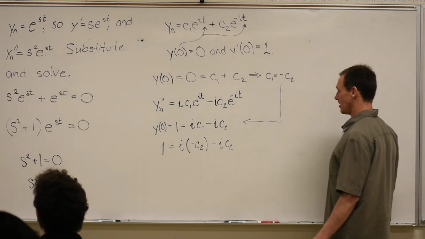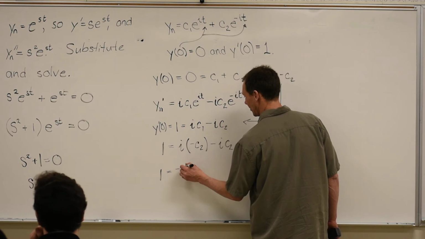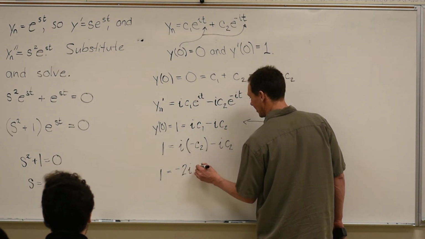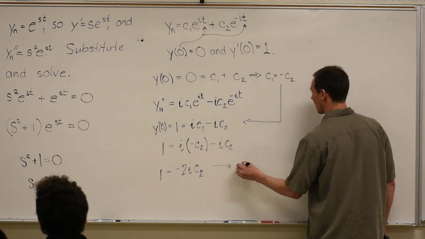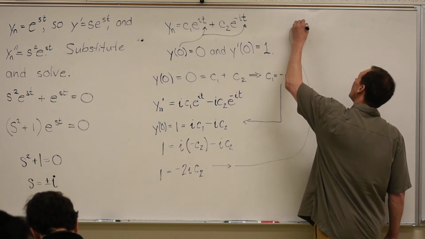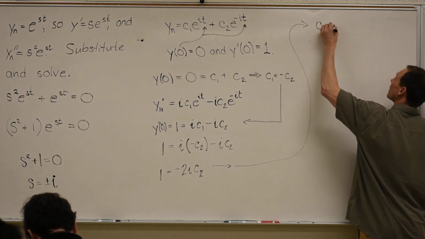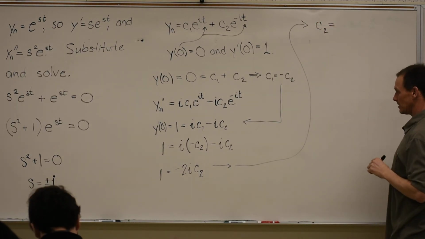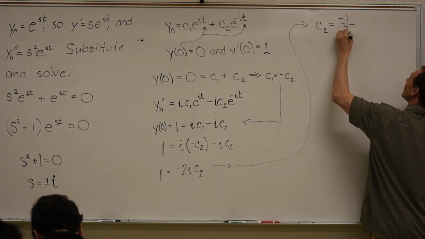So 1 is minus 2i C2, and you can solve that to get C2 equals minus 1 over 2i.